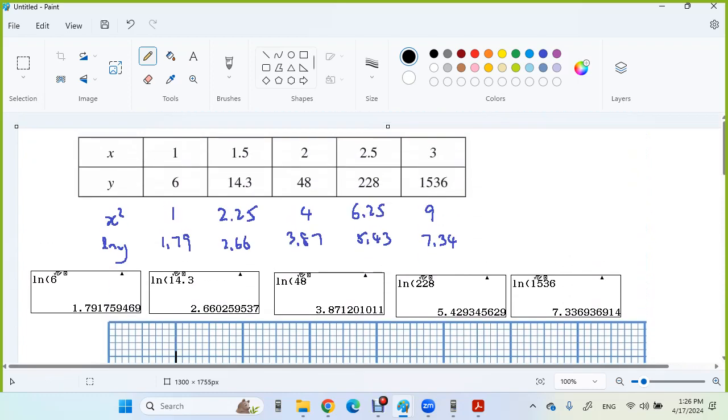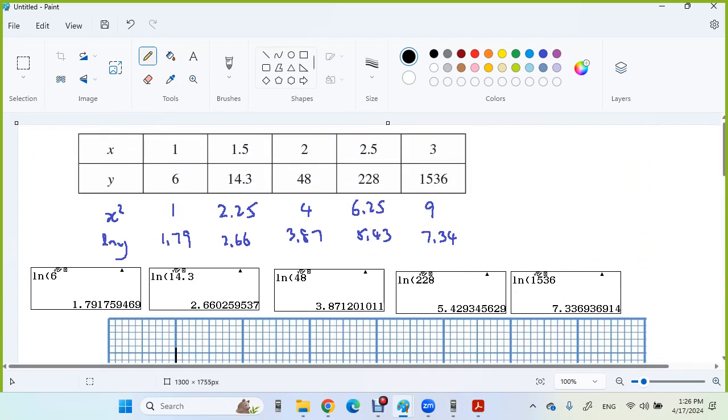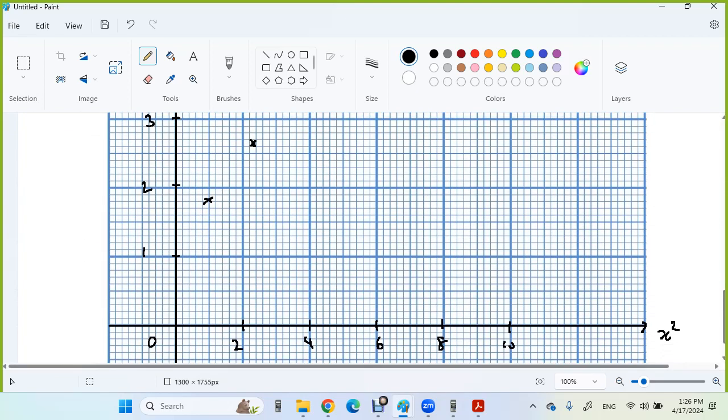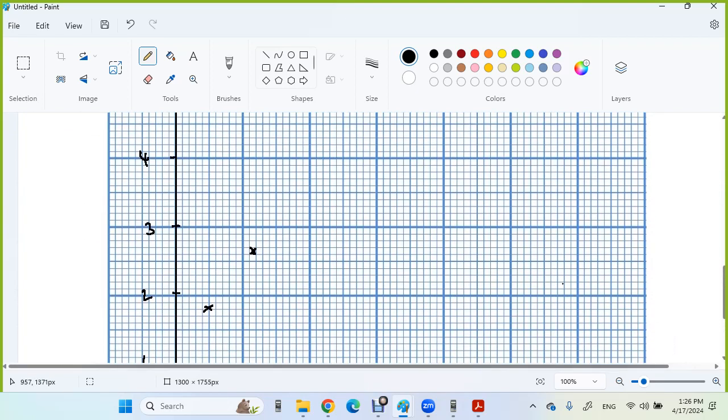And then we have 3.87, which is close to 4, will be somewhere here.